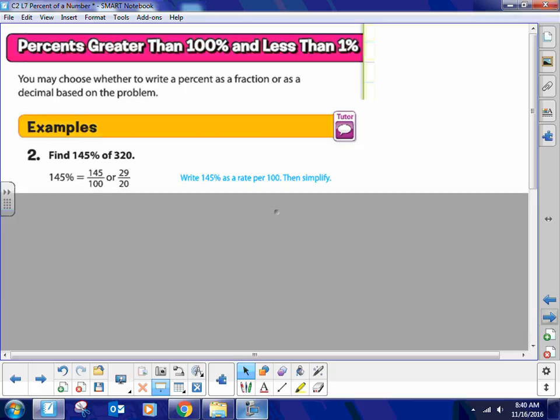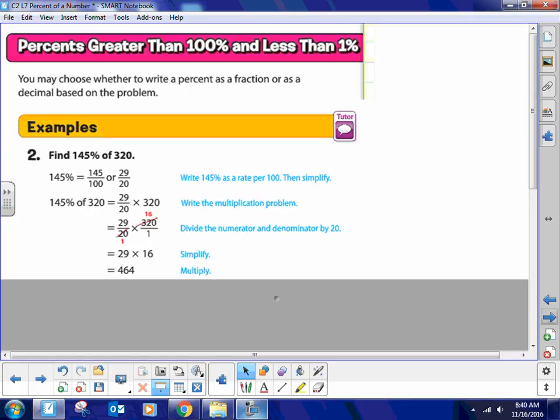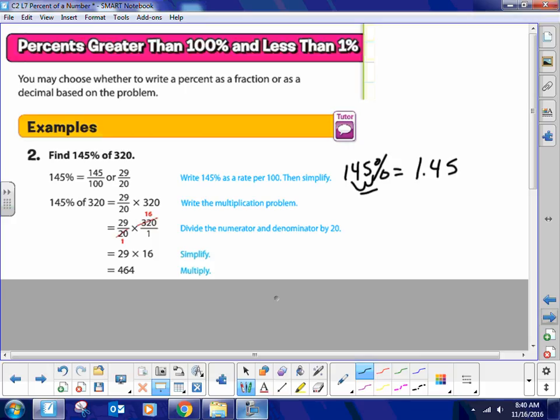You can still use the is equal to percent over 100. They all work. But from here on out, I'm going to use decimals. They're using fractions, which I do not like. So when you do it as a decimal, 145% is equal to 1.45 because I moved the decimal over 2 spots.